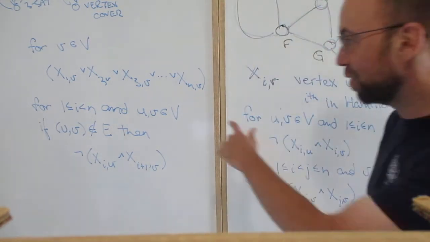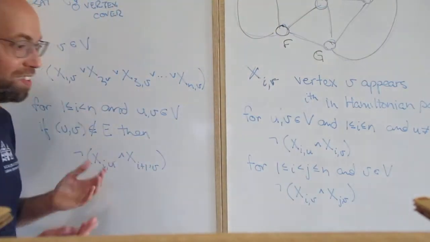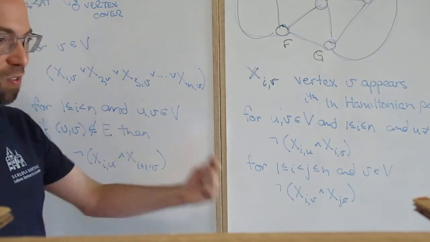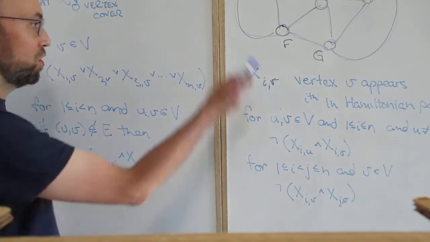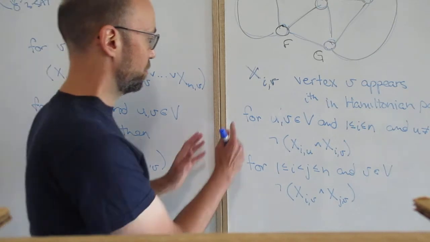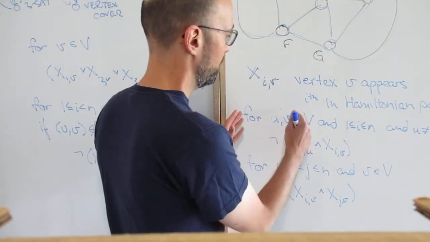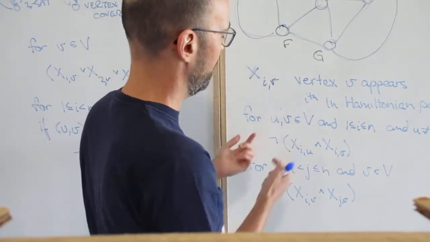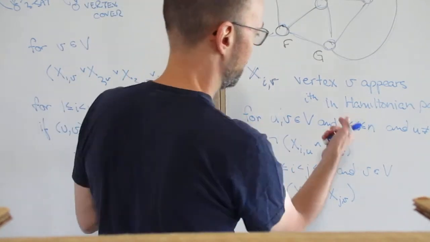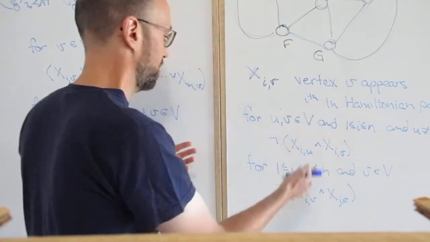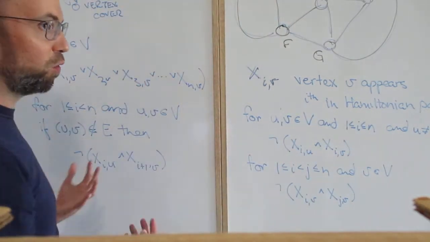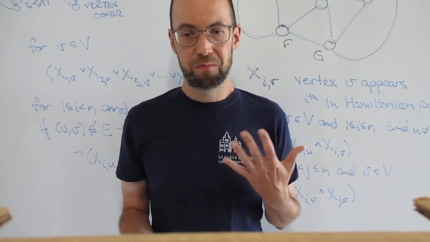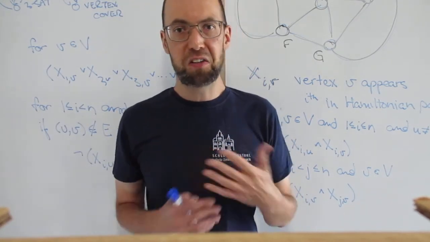But okay, we go through and we say that if there isn't this edge, then you better not be going from u to v. Okay, so we write all of these things, for u and v and for i. How many pairs of vertices are there? Well, n squared, and then how many of these? So this is like cubic. So this whole formula is going to be like O(n^3) size.